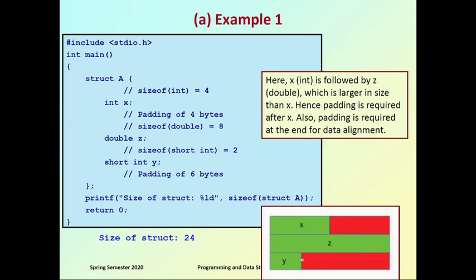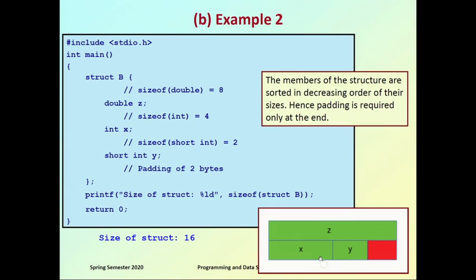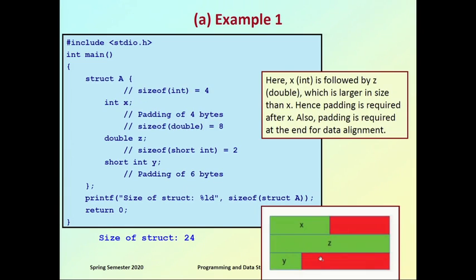So after y's 2 bytes, this red color is the padding, which should be 6 bytes, because it is 8 minus 2.